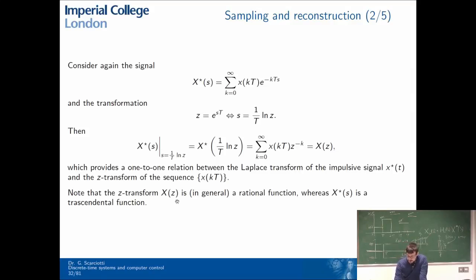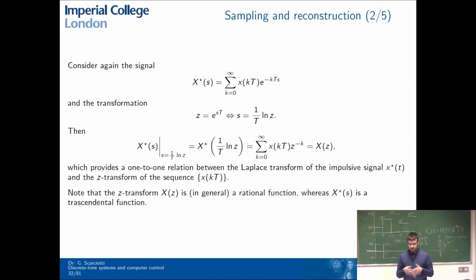Because X of Z is a better function than X star of S. X star of S is a transcendental function. It's a function in which we have exponentials. Exponentials are transcendental functions, and these exponentials are difficult to deal with. However, the Z transform is a rational function. We have studied up to now that the Z transform is a fraction of two polynomials.